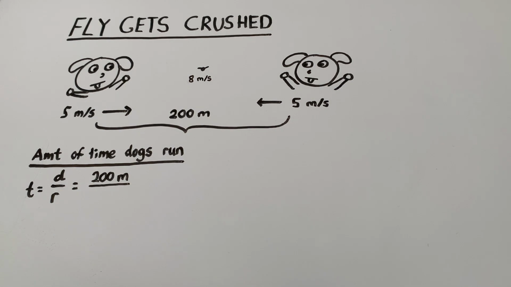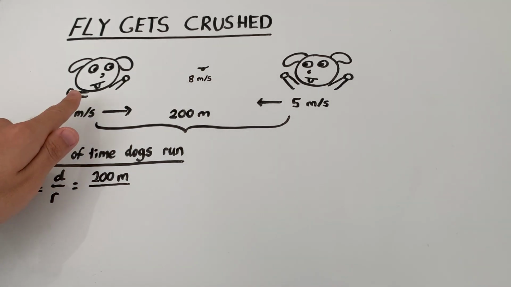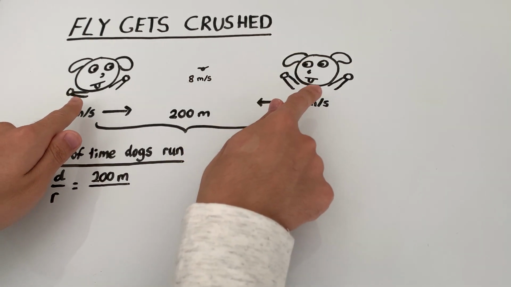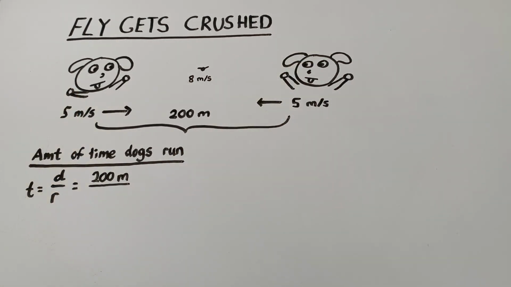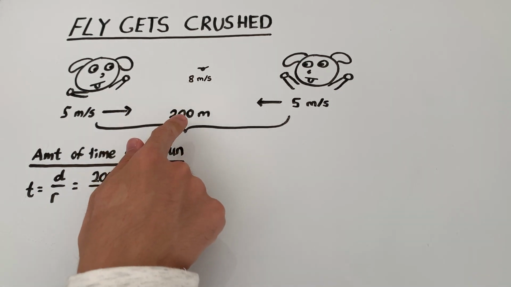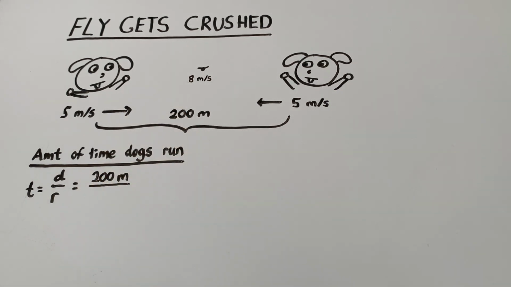Now what about 2 seconds? After 2 seconds, this dog has gone 10 meters, this dog has gone 10 meters. So that's a total of 20 meters covered, which leaves 180 meters left from the initial 200 meters. So you can see we're going 200 meters, 190 meters, 180 meters, and it's just decreasing at a rate of 10 meters per second.